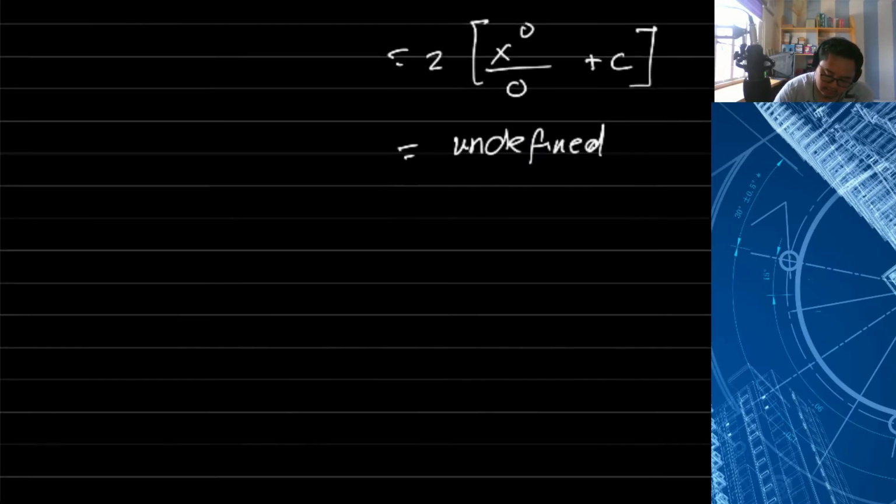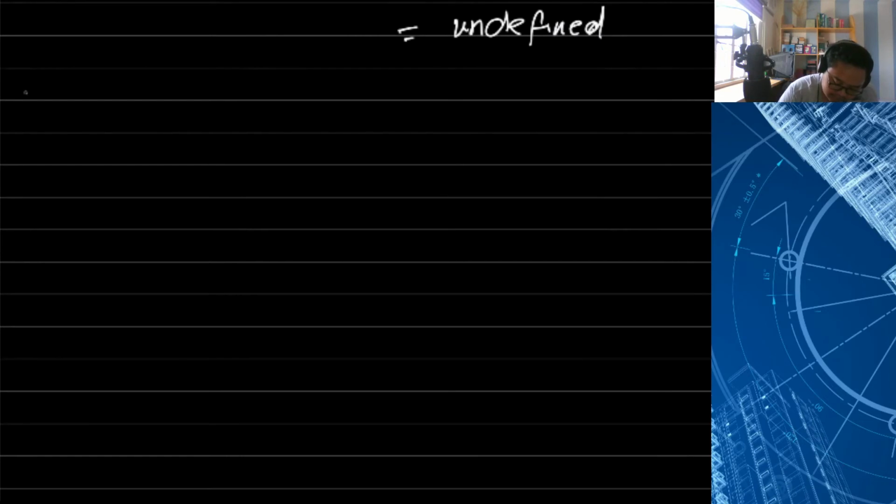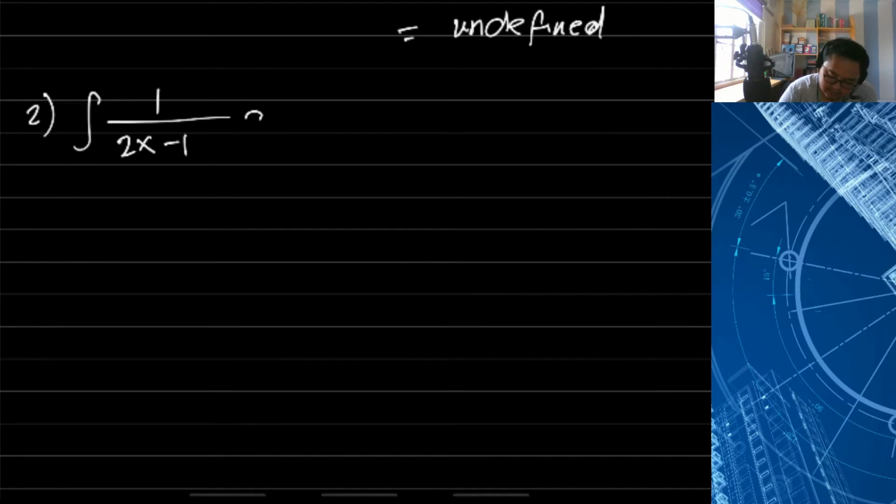Let's go to example number 2. Example number 2 is the integral of 1 over 2x minus 1 dx. Question: does this equation qualify for our logarithmic formula, integral of du over u equals ln u plus c?